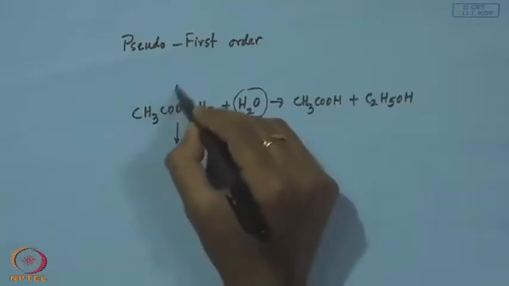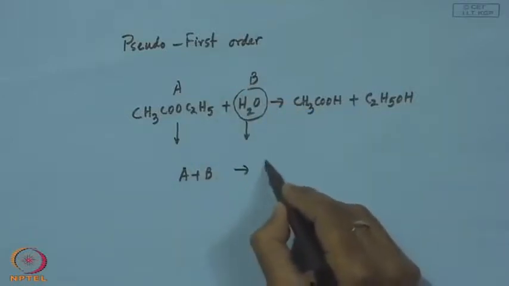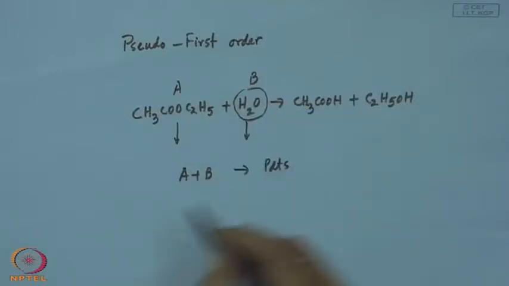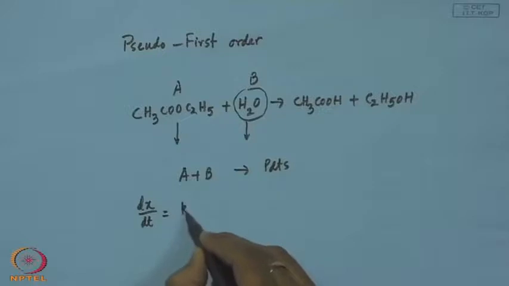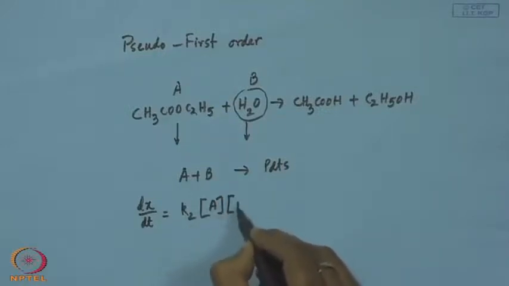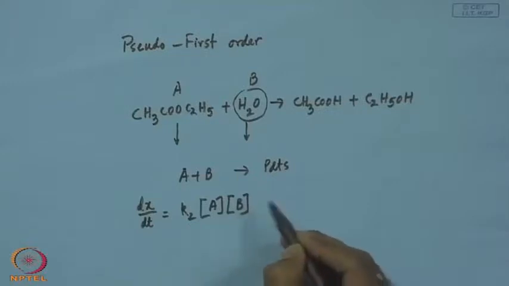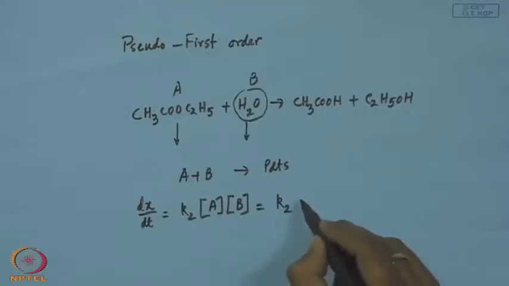So, a pseudo first order reaction, say, starts from a general second order reaction, that is A plus B, say this is A and this is B, producing products. So, your rate expression will be dx/dt is equal to K2, which is for the second order one, times (A naught minus x) times (B naught minus x). I already have talked about this expression, it is a general second order expression.